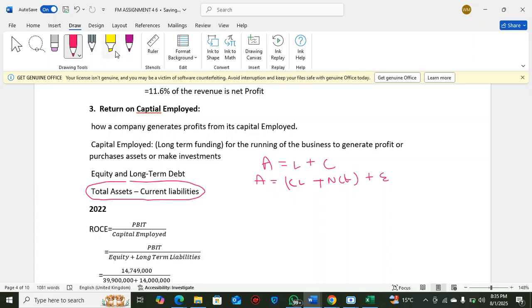So what I've done in this formula, I've just taken our current liabilities over this side. So assets minus current liabilities equals non-current liabilities, long-term liabilities plus equity.